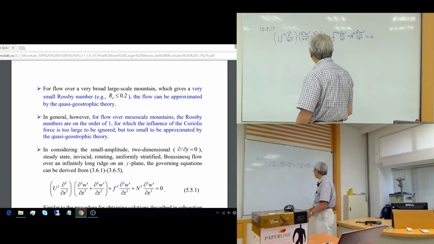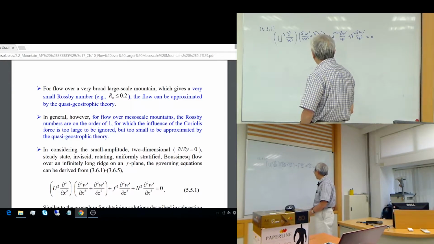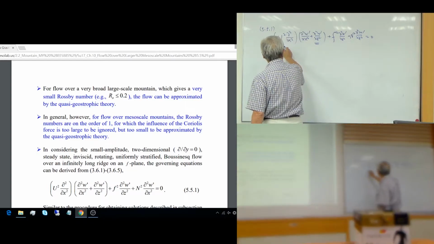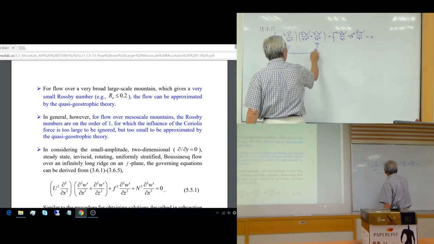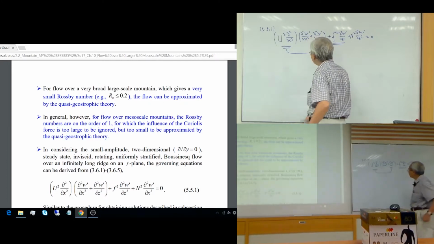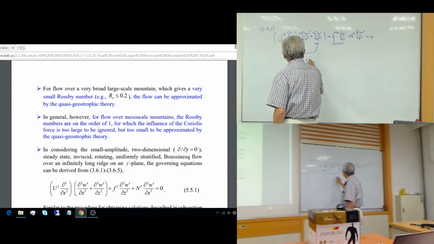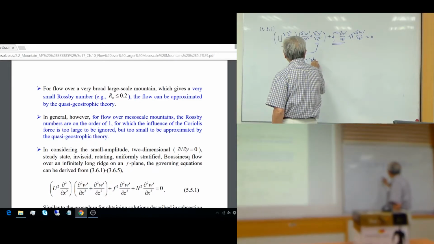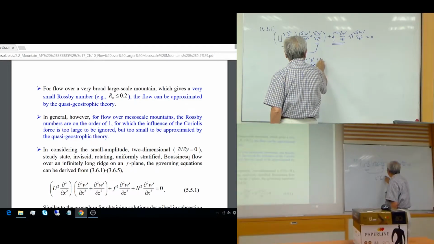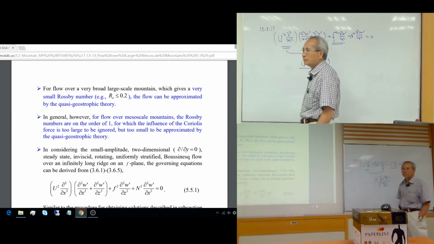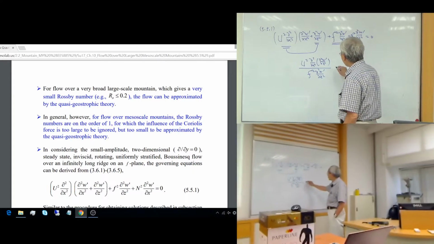If we compare this term to this term, that will be U squared d squared over dx squared, d squared w over dz squared, divided by f squared, partial squared w over partial z squared.